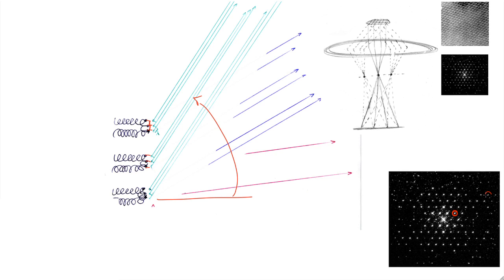And a spot out here at the periphery of the diffraction pattern tells us how many scattering centers, for instance atoms or maybe alpha helices, are in a regular pattern of a certain distance apart, and this spot represents very small distances.